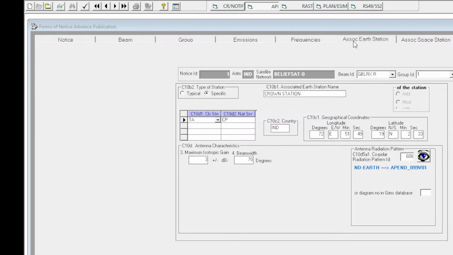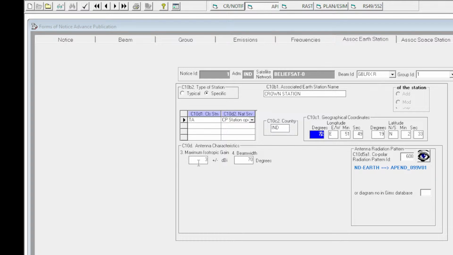Then in the associated Earth station, as the ground segment related to our satellite system, here we have to enter the associated Earth station name, which is the ground station. Then the class of station will be TA for being a geostationary satellite. And then the class and nature of the service will be open to public correspondence. And finally, the maximum gain will be 3.